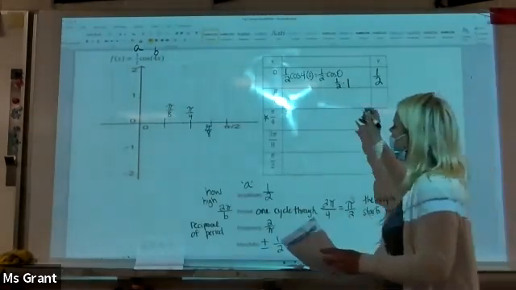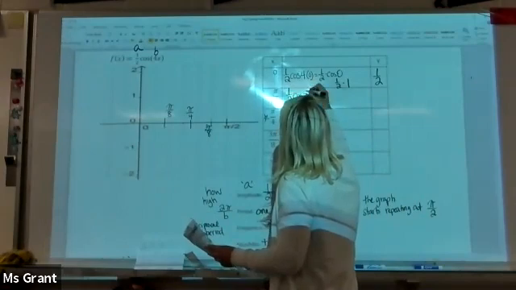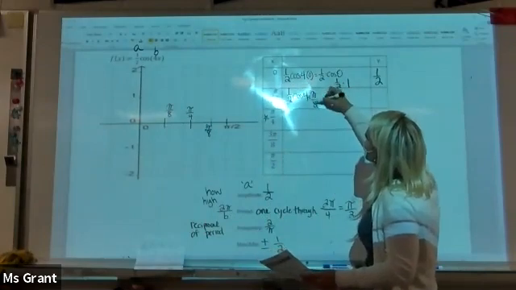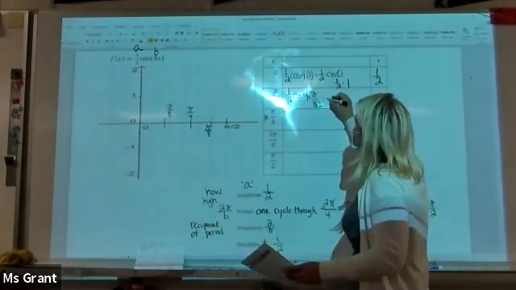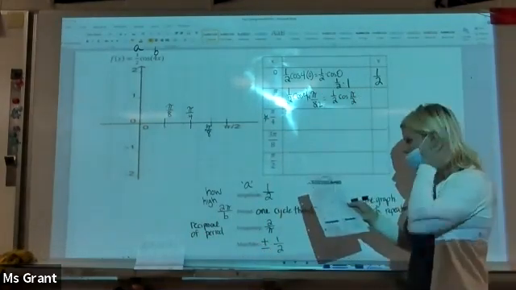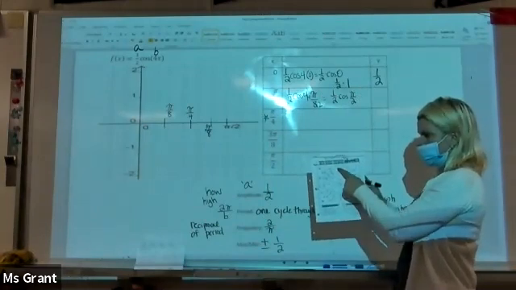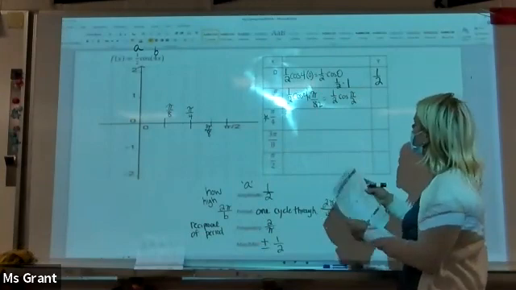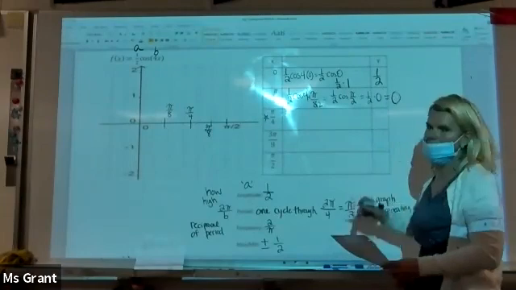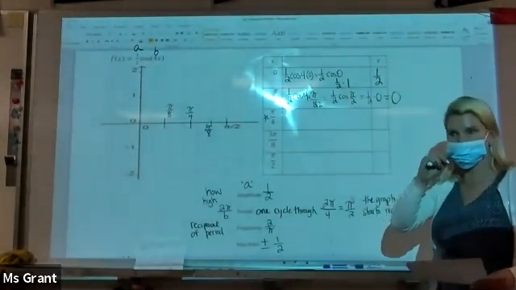Then pi over 8: 1/2 cosine of 4 times pi over 8, which is 1/2 cosine of pi over 2. Cosine at pi over 2 is 0. 1/2 times 0 is 0. So I'm going through and plugging in my values of x.